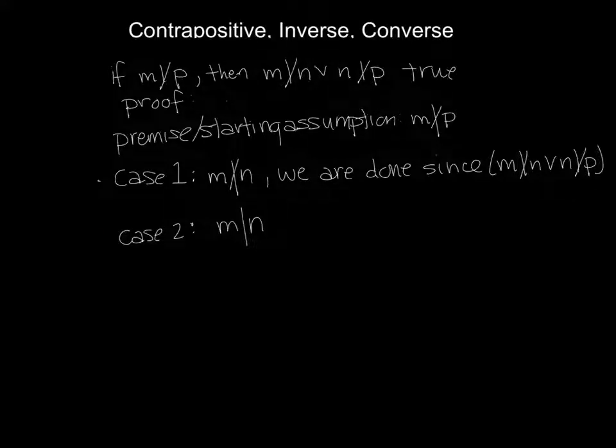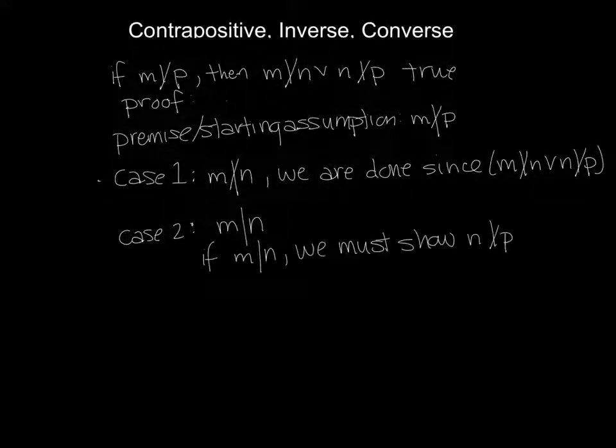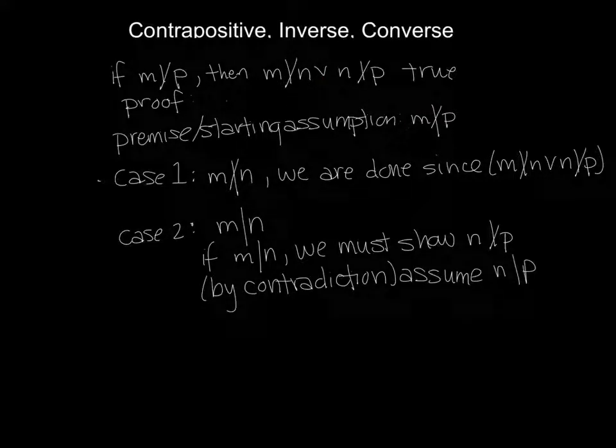Case 2, if m divides n. So if our proof is going to work, if m divides n, so this part of our or statement is false, we need to show that n does not divide p. I do this by contradiction. Why did I choose to go by contradiction?